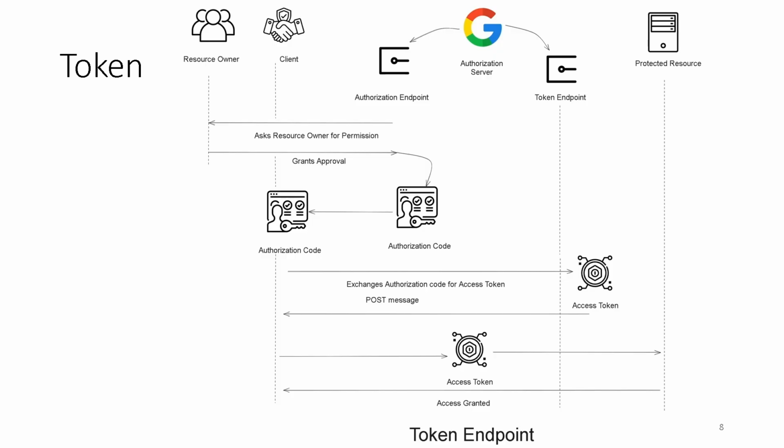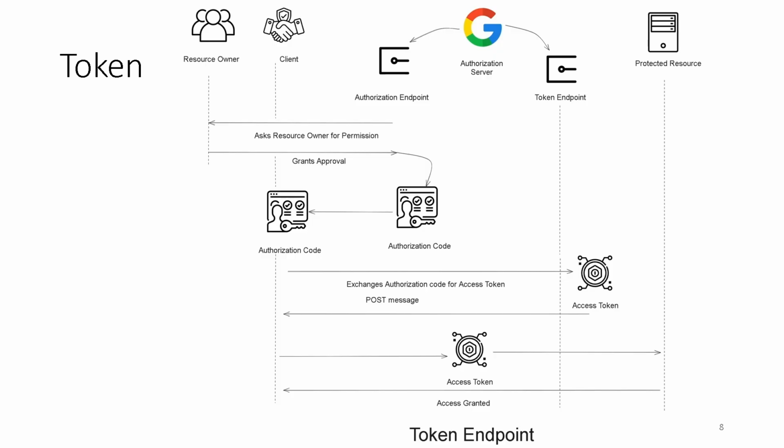We discussed the grant types in a previous lecture, which are authorization code, implicit, client credentials, or resource owner password. The token endpoint is used by the client to obtain an access token by presenting its authorization grant or refresh token. Now, again, TLS is mandatory for confidentiality and integrity.